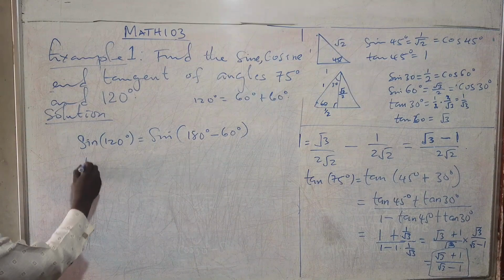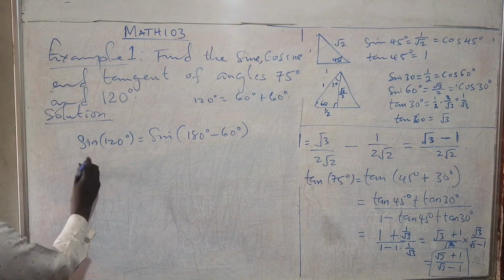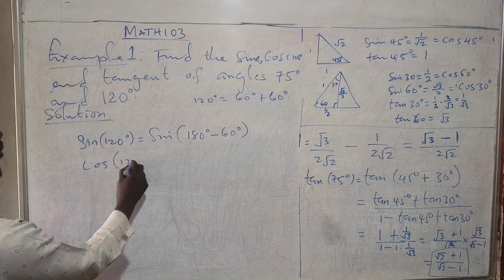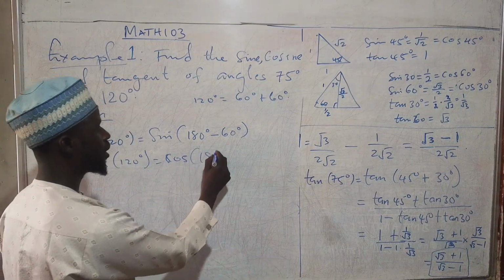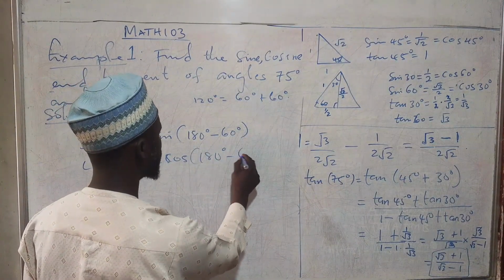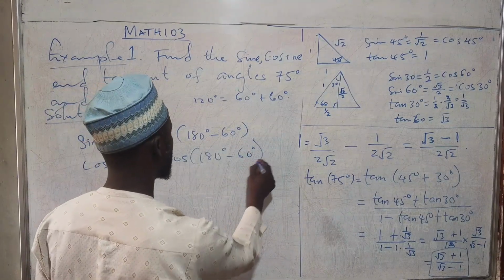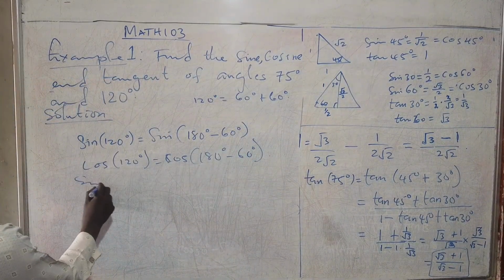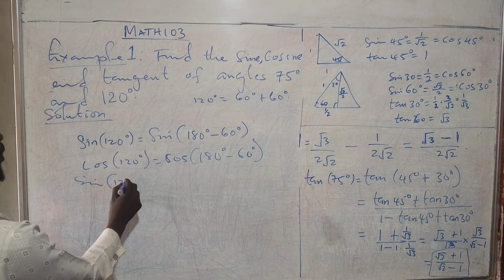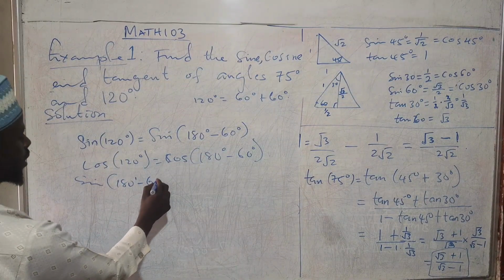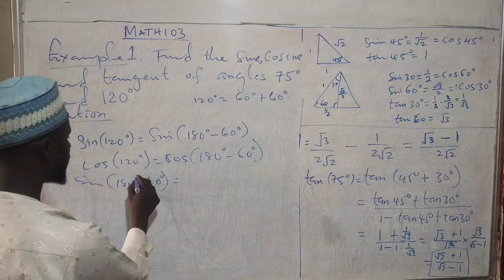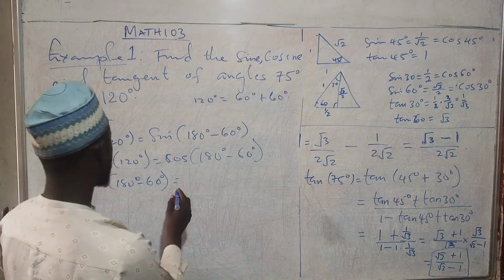Likewise, the cosine and the tan of 120 degrees is the same thing as cosine of 180 minus 60 degrees. For the sine of 180 minus 60 degrees, this is very simple.